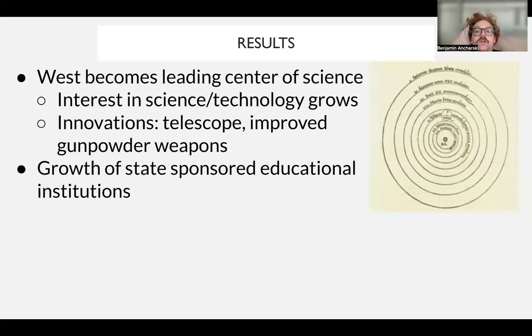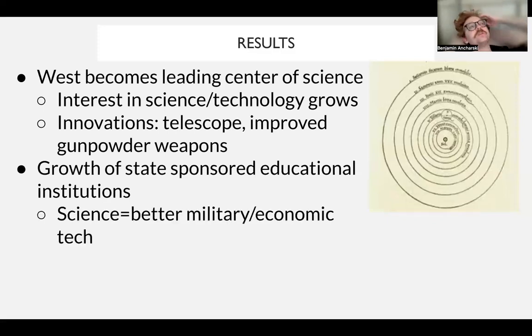Well, we also see that there will be increased sponsorship of different educational institutions by the secular government, or I should say by the government. We mostly see this because there is this idea that, hey, science can be used to our advantage. We can prove our superiority over other countries by rapidly advancing in science and technology.